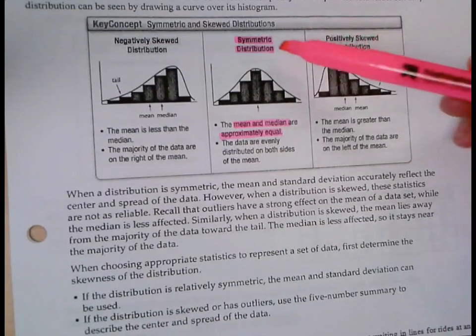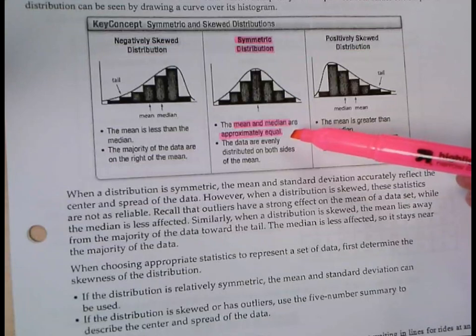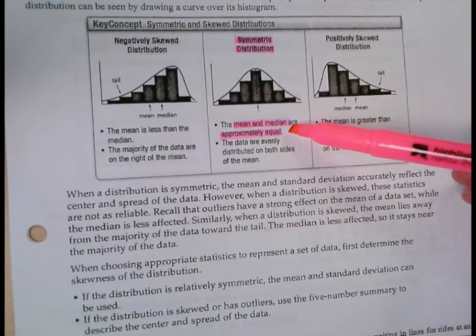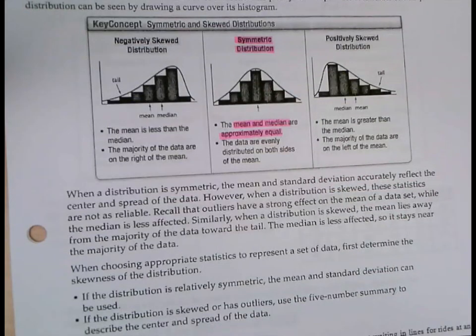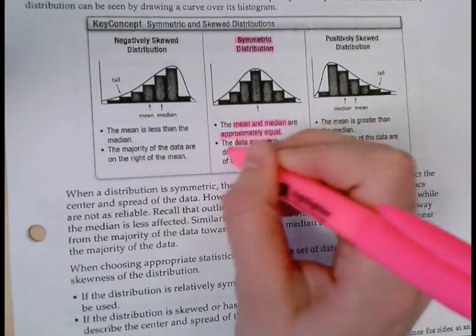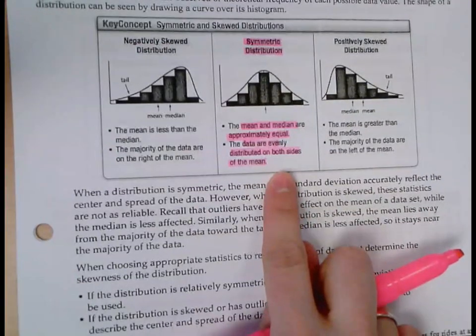So if the distribution is symmetric, those 2 numbers are approximately equal. Notice they don't have to be exactly equal, but they approximately are equal. And then the data are evenly distributed on both sides of the mean, or approximately evenly distributed. Okay, so that would be a symmetric distribution.